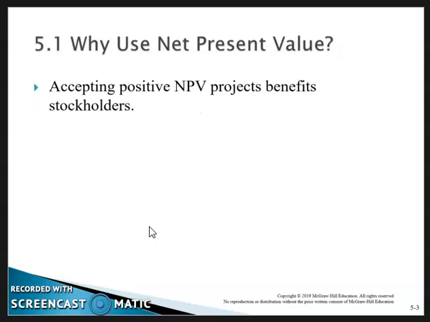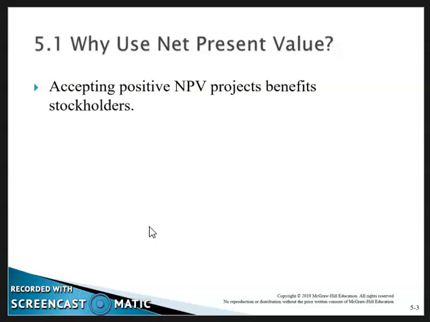it? Mentioned this in previous lectures, but this is accepting positive NPV projects benefits stockholders. So we determine a required rate of return based on the company's cost of capital and the risk of the project.